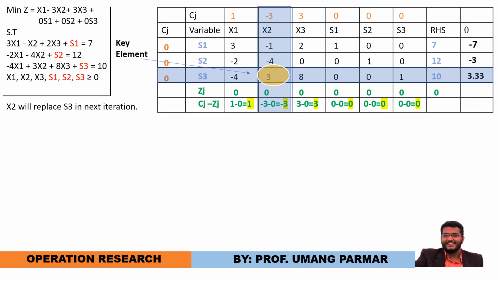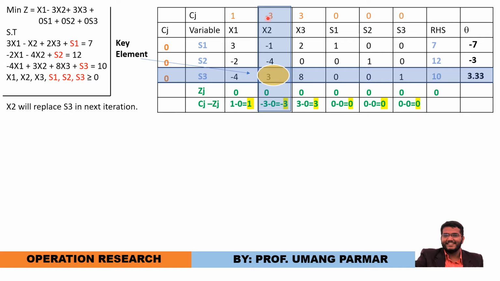So we are starting the second iteration. For the second iteration, we can say that our x2 will replace s3 in the next iteration. Why is it so? Because our key column has the variable x2 and our key row has the variable s3.